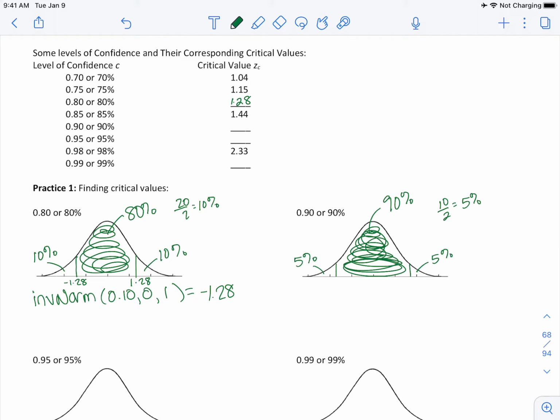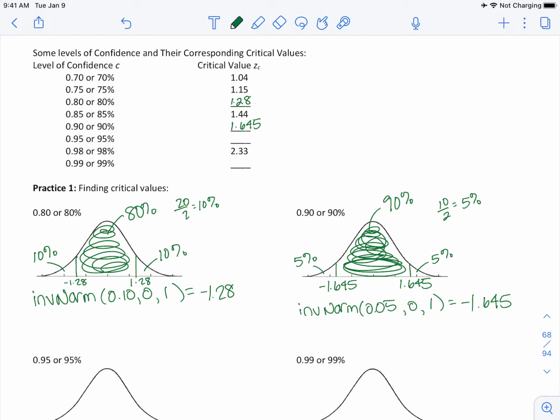So we can do inverse norm, 0.05, mean is 0, standard deviation is 1. And this gives us negative 1.645. So then this side is positive 1.645. And I'll label that in our chart.